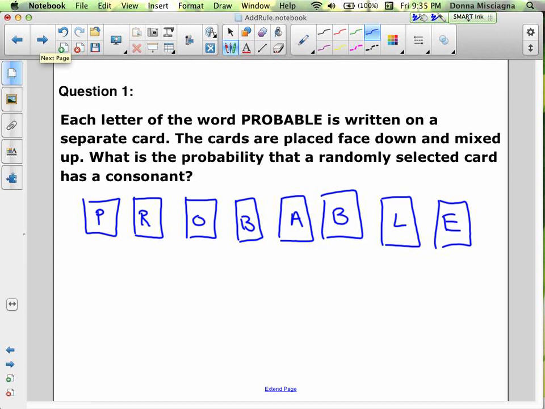We want to find the probability that a randomly selected card has a consonant. So we're looking for the probability of consonant. That probability we'll determine by the number of cards with a consonant.